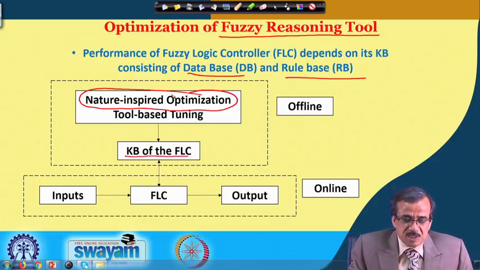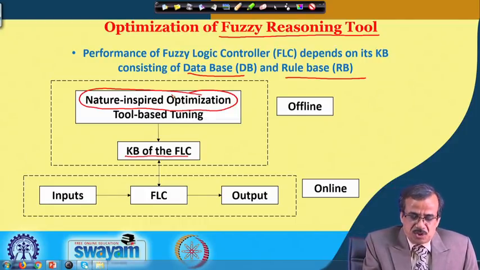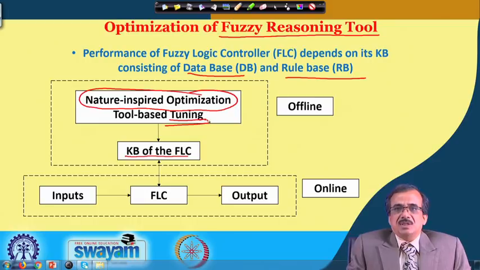This nature inspired optimization tool is an iterative method and it takes a huge amount of time just to converge to the optimal solution, and that is why this training or tuning of the parameters is carried out offline.